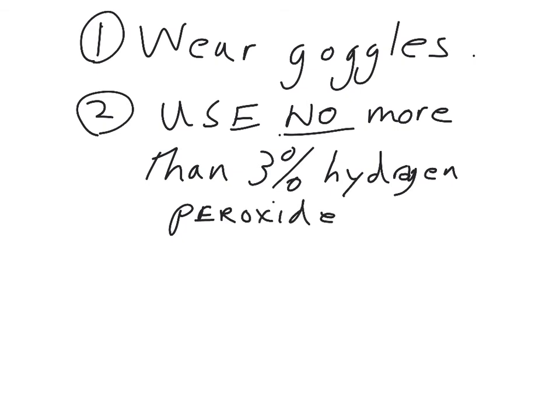Second, use no more than 3% hydrogen peroxide. In other words, go to Walgreens, go to Kroger's, buy 3% hydrogen peroxide from the first aid section. You'll be able to check the back and see that it's 3%.